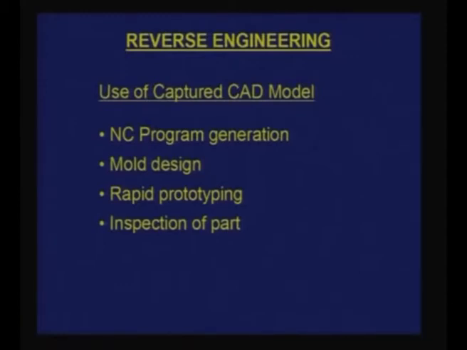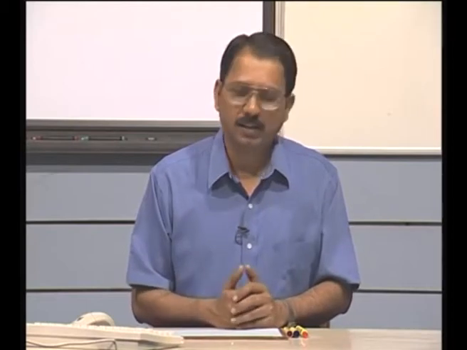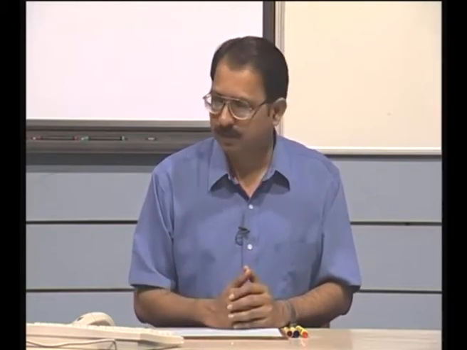So you are just looking for maybe 1 or 2 parts, so it can be sent to rapid prototyping. So there can be many routes after the CAD model has been obtained, or it could be an inspection of the part, as we have seen. There could be other applications, but these are the more common end applications which one finds.